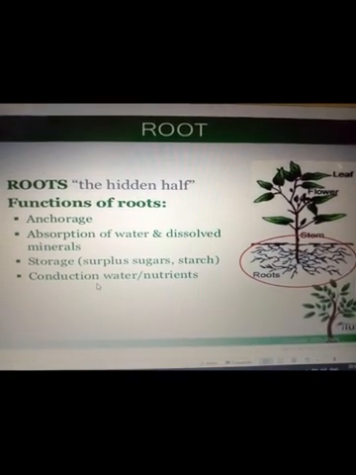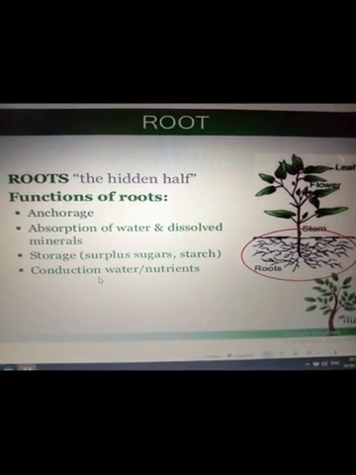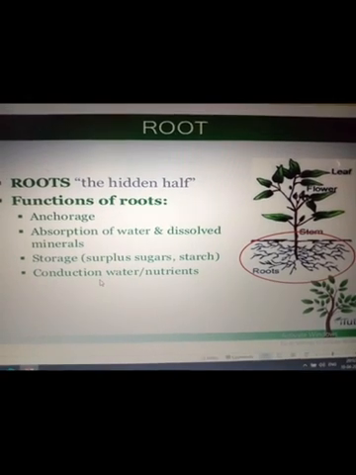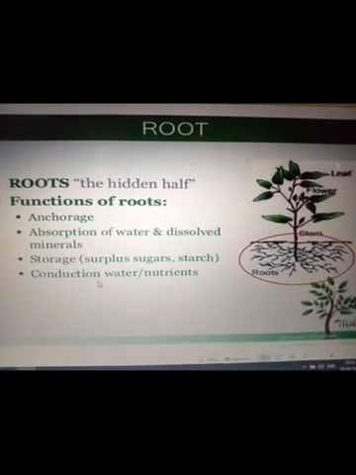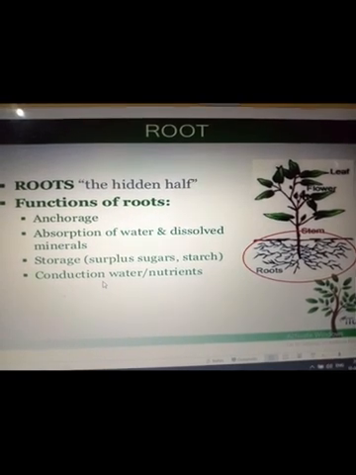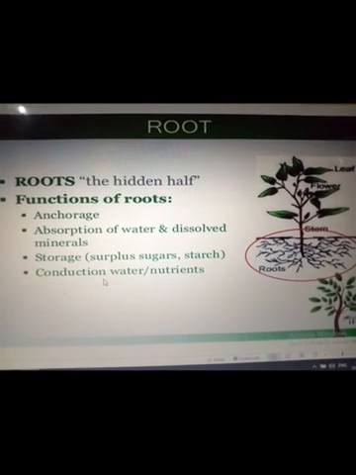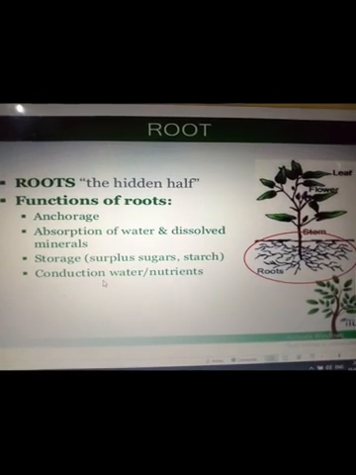Now, what are the functions of roots? First, anchorage. Anchorage means to hold or grip. That means roots help in holding plants tightly to the soil. It prevents the plant from being blown away.